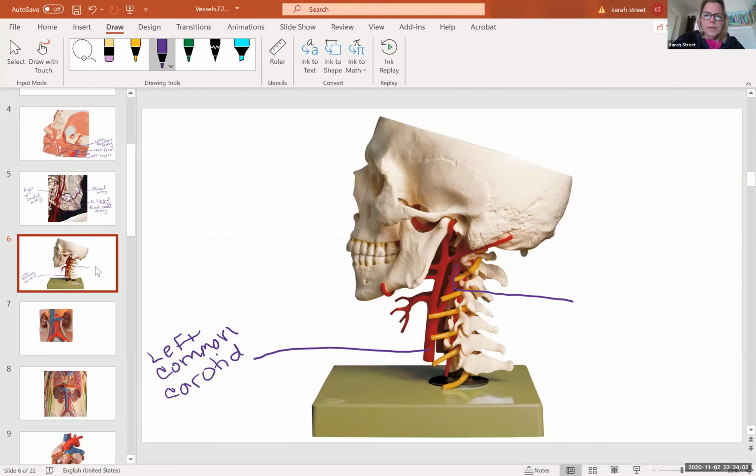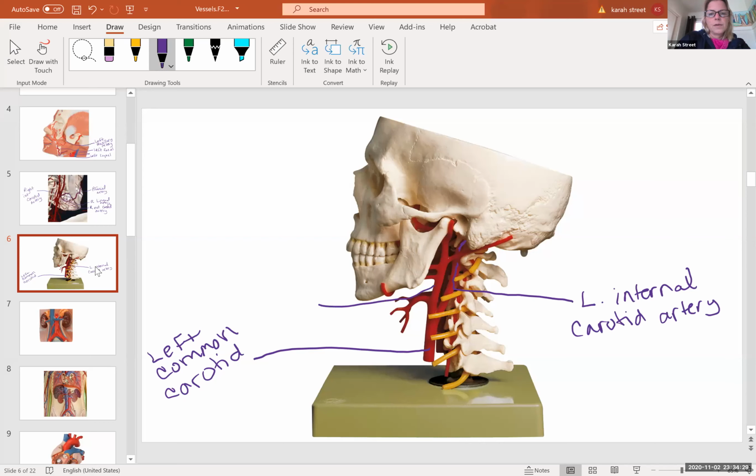You follow it, it's going into that carotid foramen that you learned about back in lab unit 1. Weren't those simple days? I bet you missed those bones tests now, don't you? So that would be the left internal carotid artery.